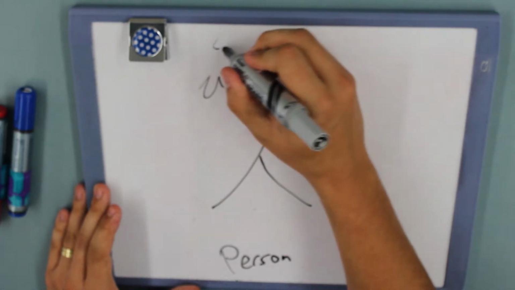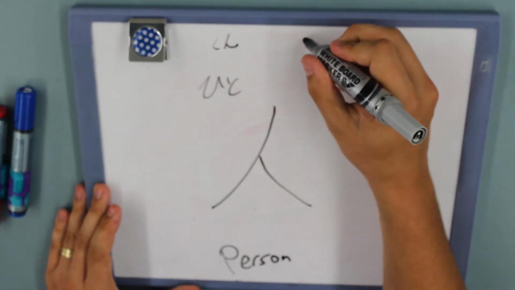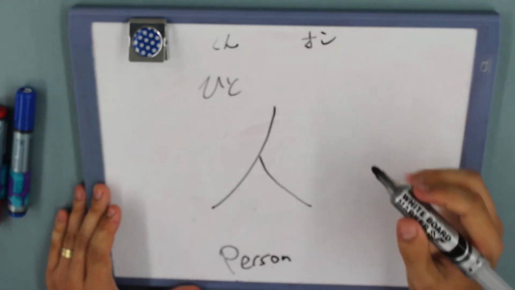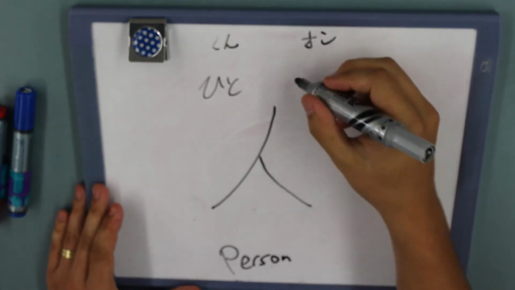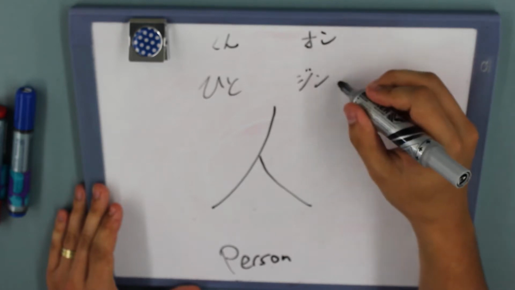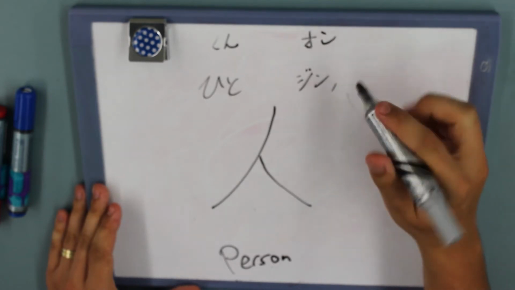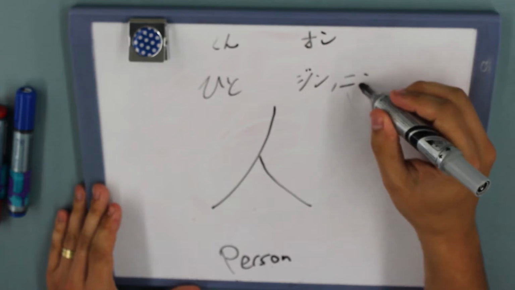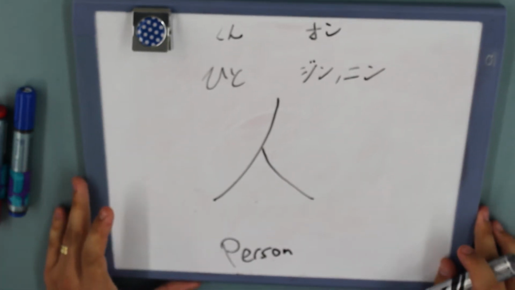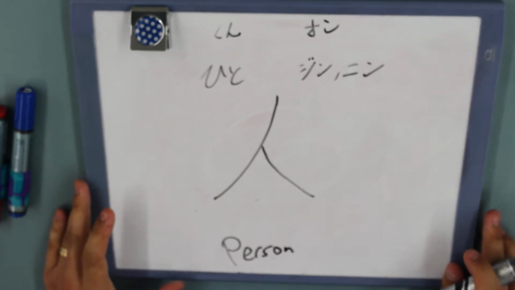So the kun and the on. In the on reading, it is pronounced as jin, nin, and many other things. So this is used mainly when talking about people.